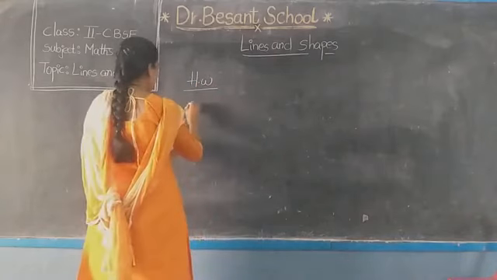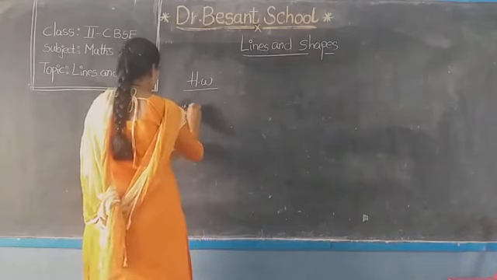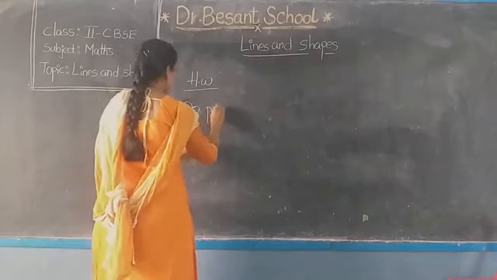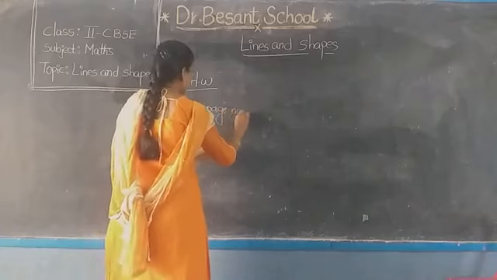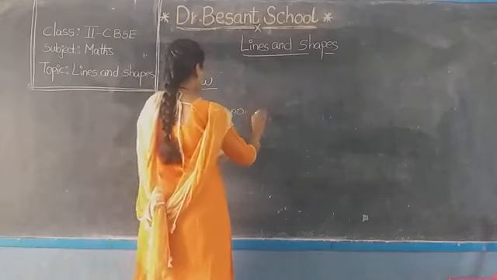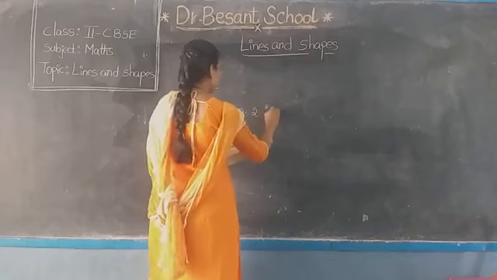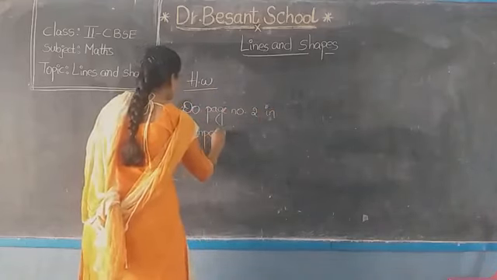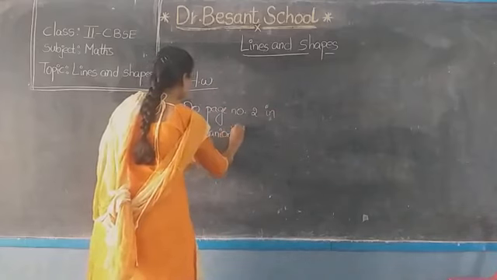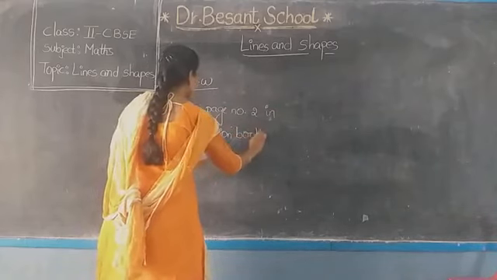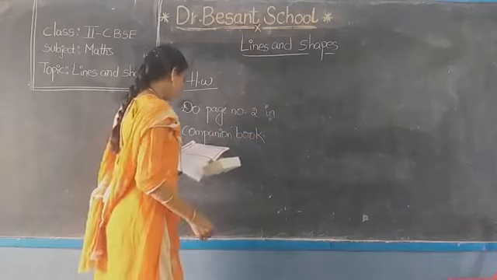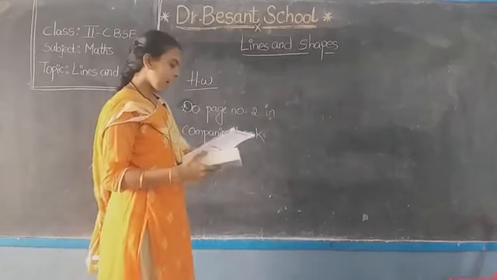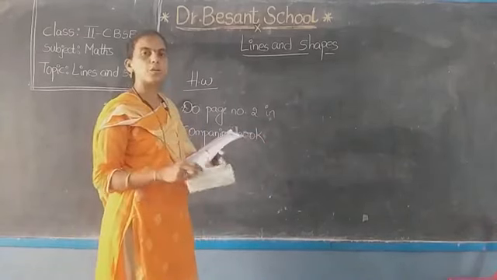So in the companion book, do page number 2. In the companion book, you have to draw a rangoli that has straight lines using a ruler.